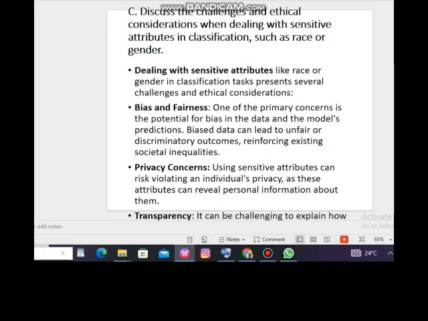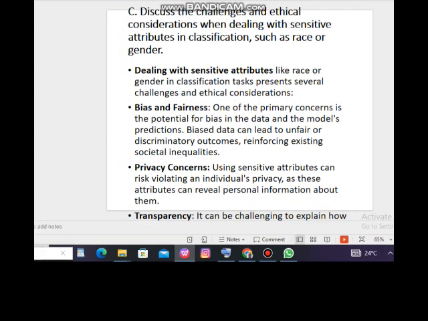Question C. Discuss the challenges and the ethical considerations to be considered when dealing with sensitive attributes in classification, like race or gender. Dealing with sensitive attributes like race or gender in classification tasks presents several challenges and ethical considerations. As seen below, bias and fairness.